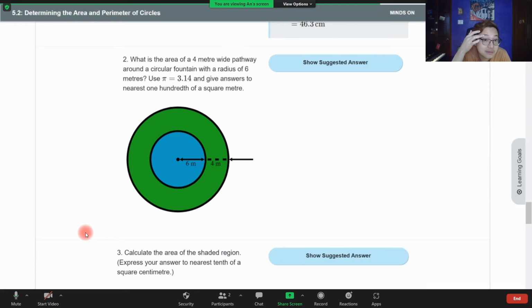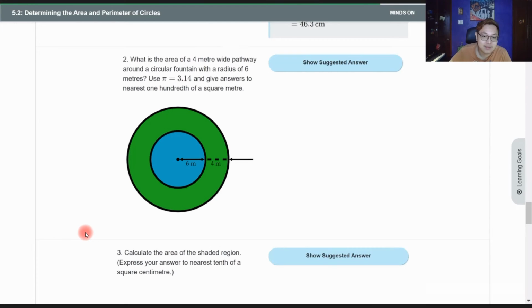Around a circular fountain. So basically, you just have to... What are you going to do? You're asked to find the green area. Yeah. So what's your strategy?